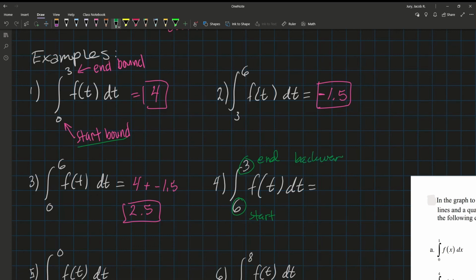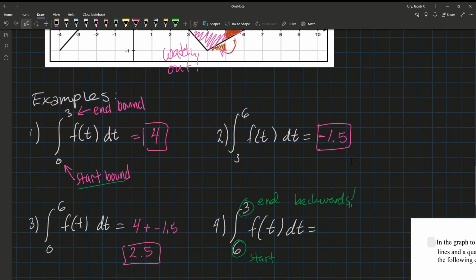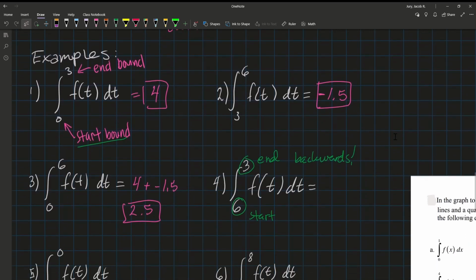If you don't look out for this, it's very easily missed. But if I start at 6 and go backwards towards 3, then I'm going to actually be multiplying a negative x value times a negative y value in this case. So I'll end up with 1.5.